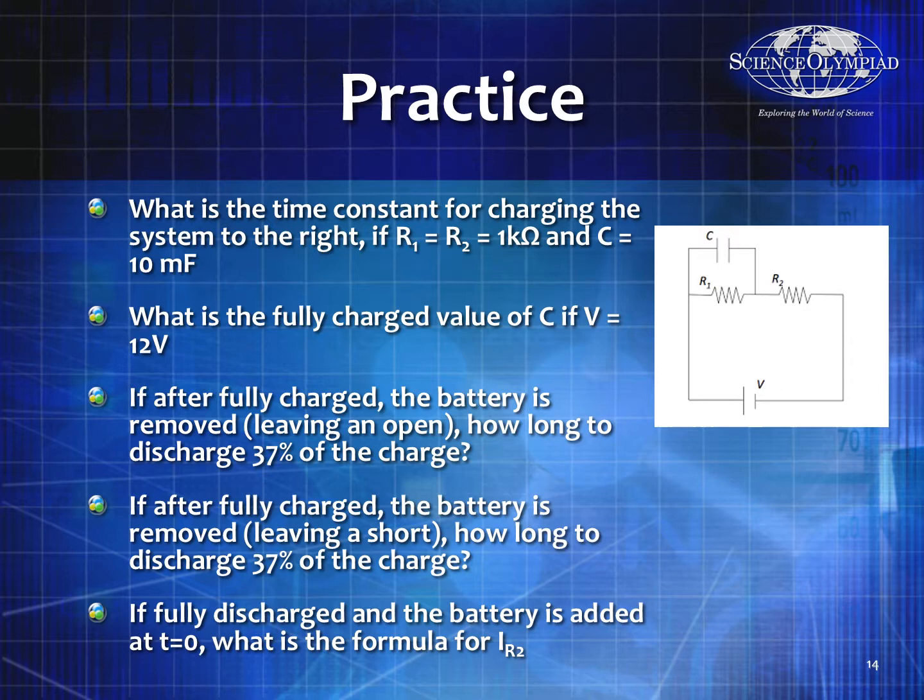It turns into a voltage splitting situation, and since R1 equals R2, the fully charged value of C, if the source is 12 volts, would be 6 volts.